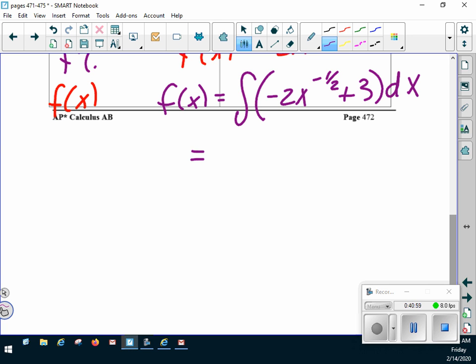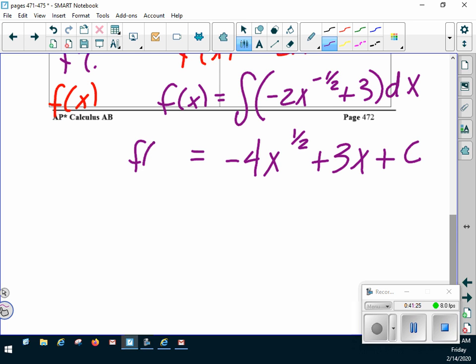All right, let's go. X to the 1/2. What are we going to divide that coefficient by? 1/2. Negative 2 divided by 1/2 is negative 4. Good. Keep going. Plus 3x. Good.